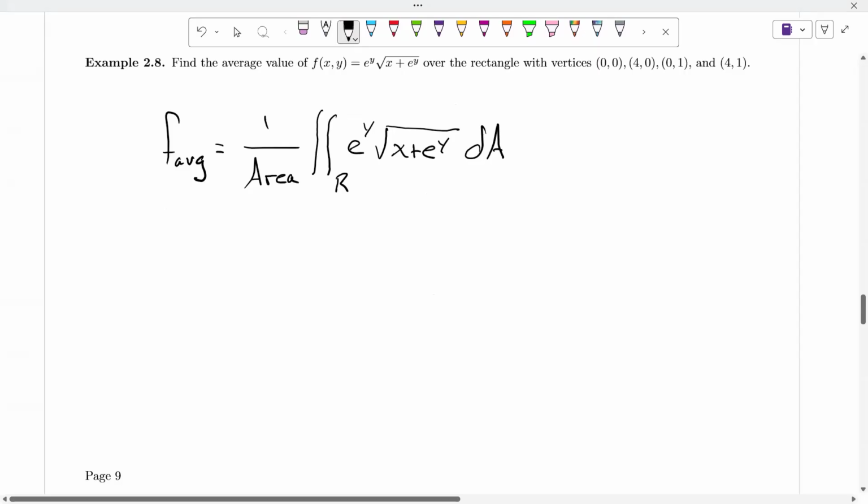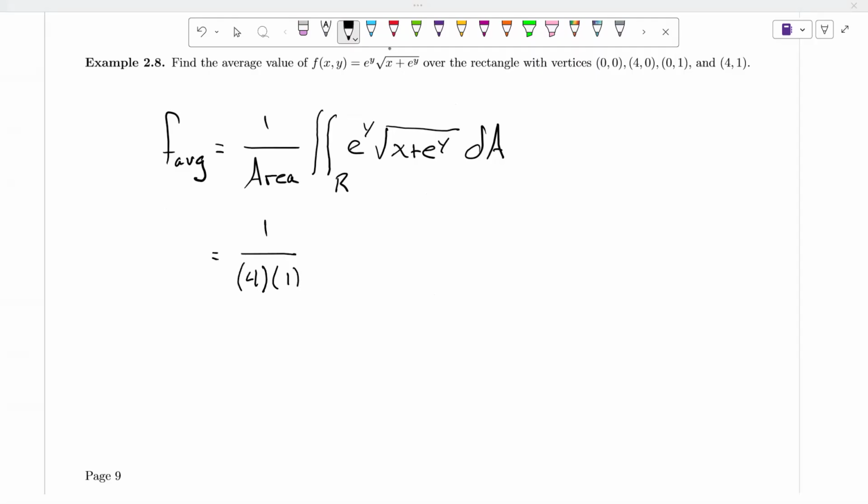So my area. I've got an x length of 4, I've got a y length of 1, so the area is 4 times 1, and I need the double integral of, I'll do x second, so 0 to 4 here, and 0 to 1 for y.